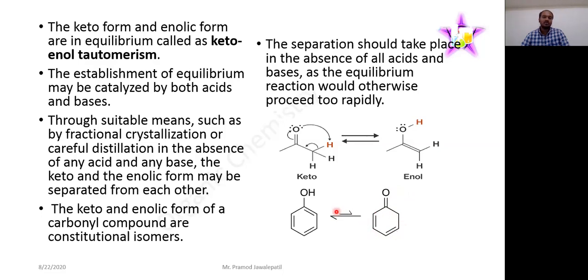Why? Because after forming the enolic form, this compound gains aromaticity. That's why the phenolic or enolic form is more stable in the phenol case as compared to keto. But in other cases, the keto form is more stable as compared to the enolic form.